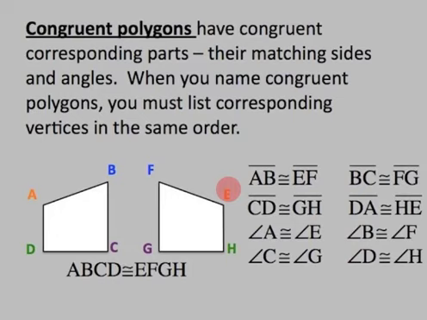We can also see that angle A is congruent to angle E, angle B is congruent to angle F, angle C is congruent to angle G, and finally that angle D is congruent to angle H.